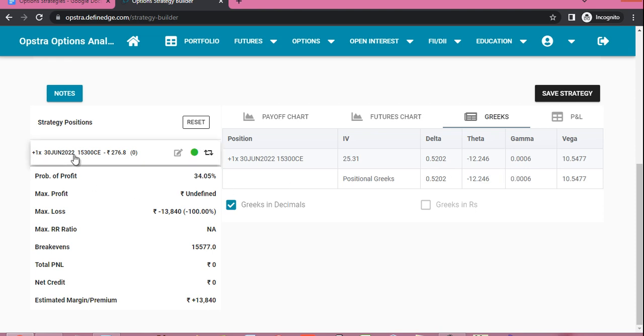Since you are an option buyer, Theta works against option buyer and it works in favor of option sellers, because for each passing day the premium will fall and their profit will increase. And Vega is the friend of option buyer, since if volatility increases, option price will increase and their profit will increase. But Vega is the enemy of option seller, because if option prices increase, their position will start making loss.